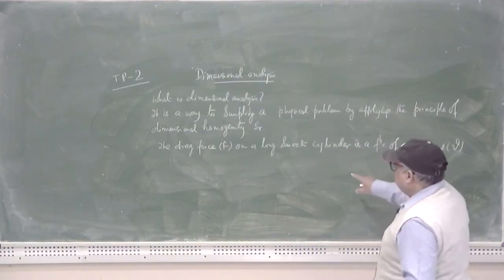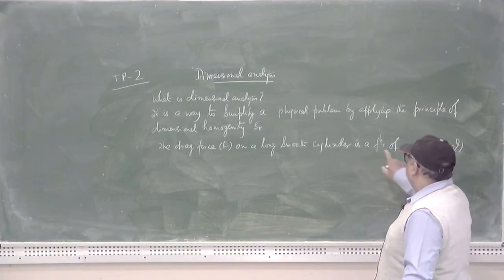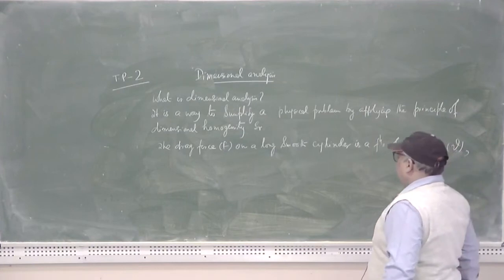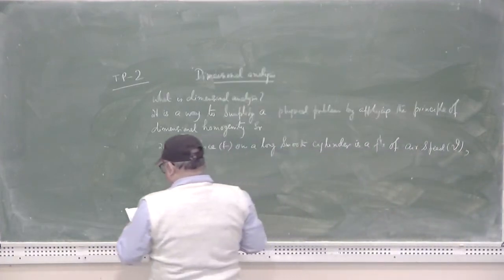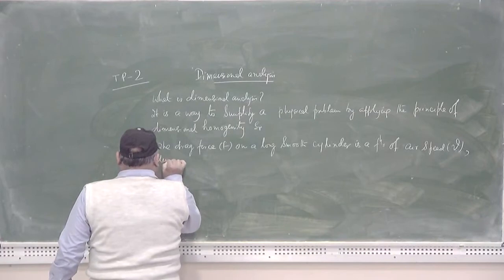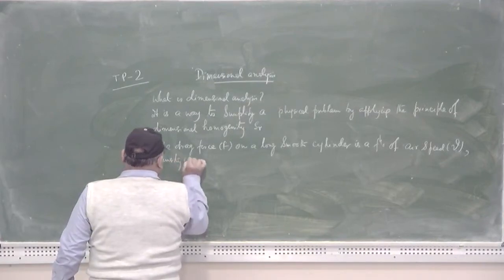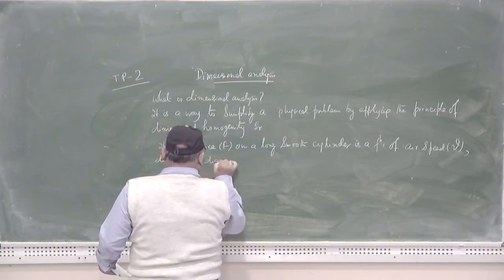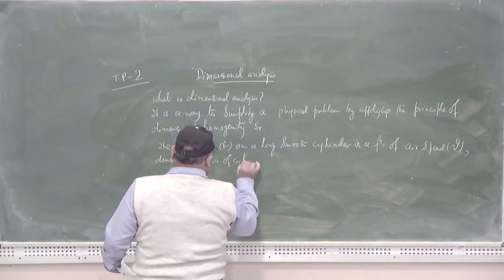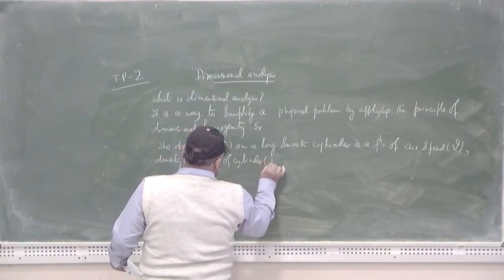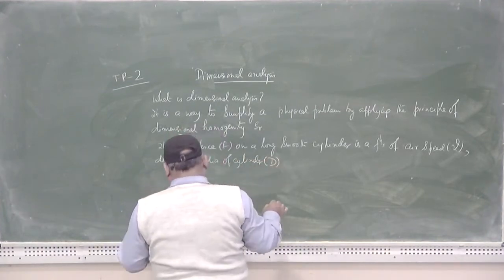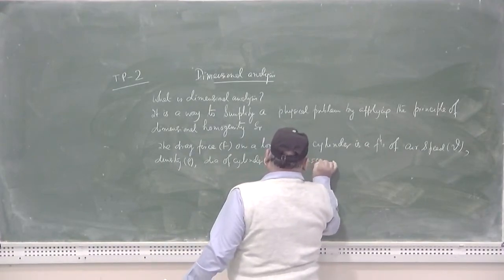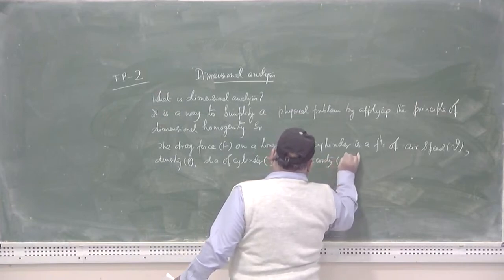So, the drag force F on a long smooth cylinder is a function of air speed v, first variable, the density of air rho, diameter of cylinder d, and viscosity mu.